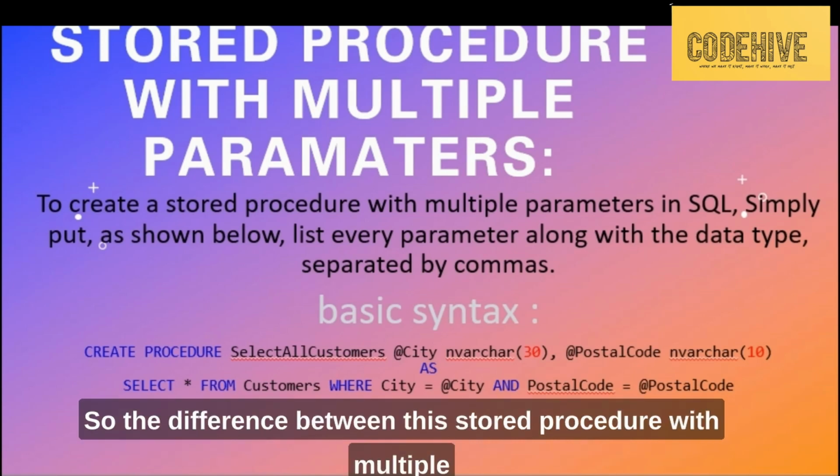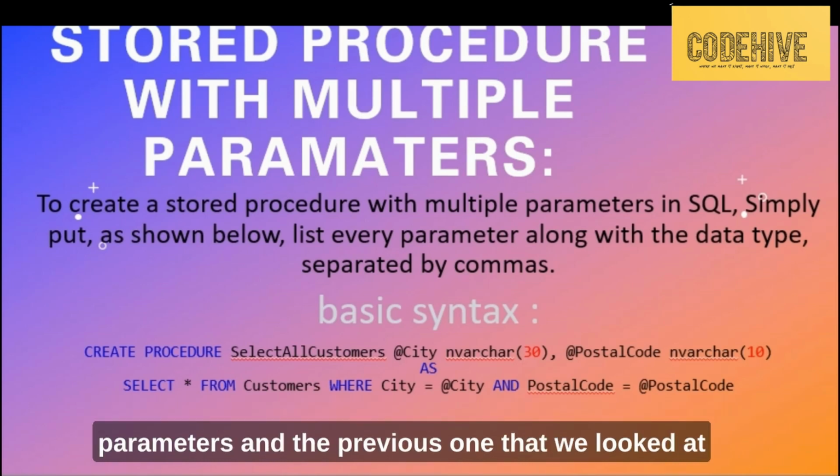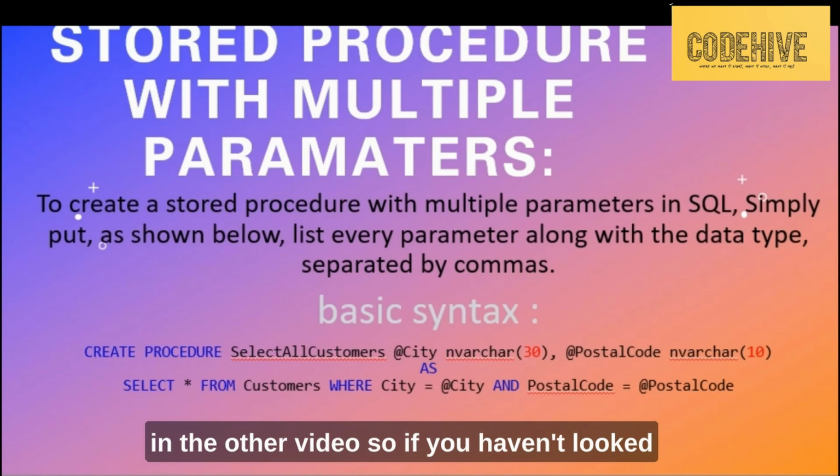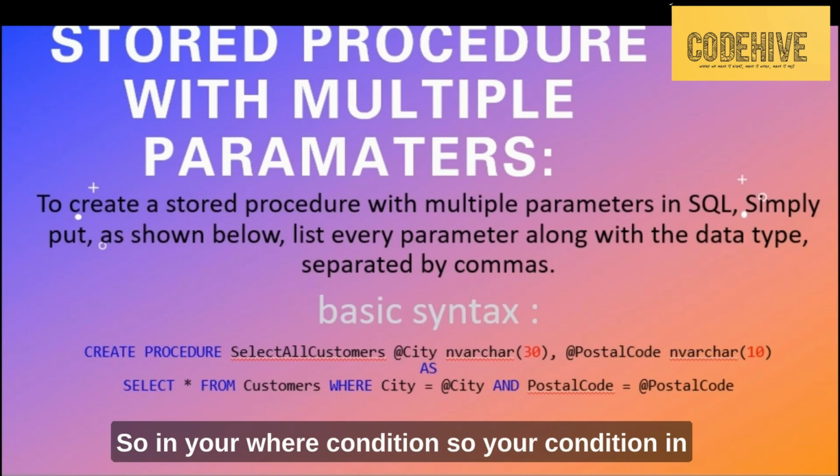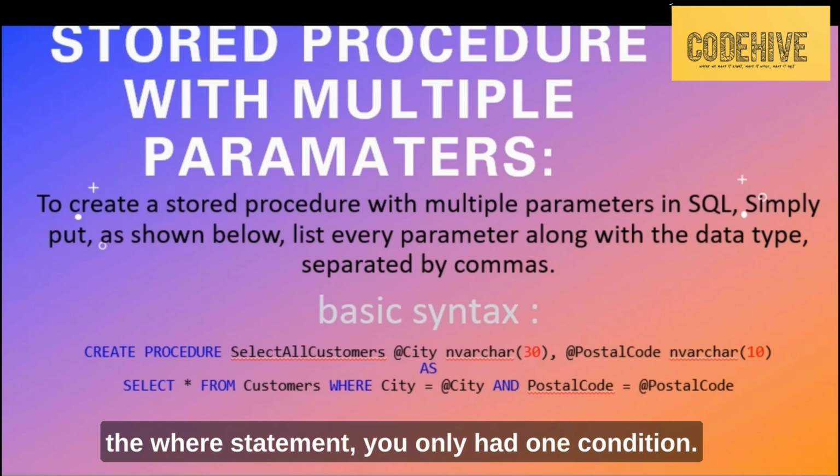The difference between this stored procedure with multiple parameters and the previous one that we looked at in the other video, so if you haven't seen that, please do check it out, is that the other one was taking in one parameter. So in your where statement, you only had one condition.